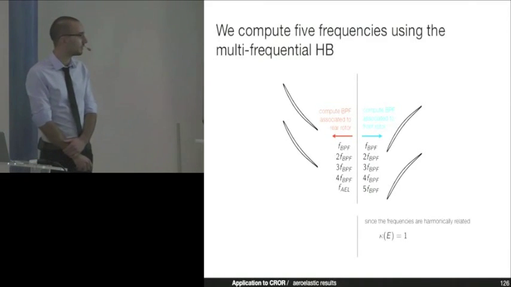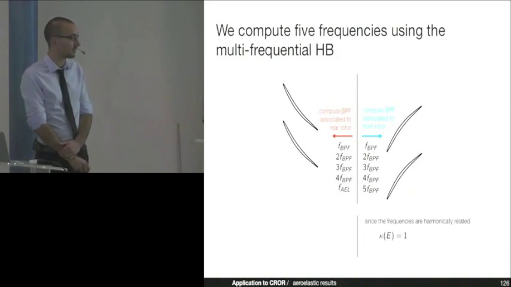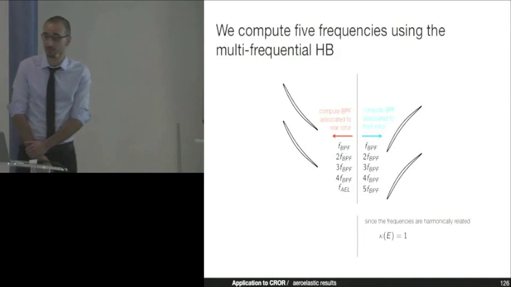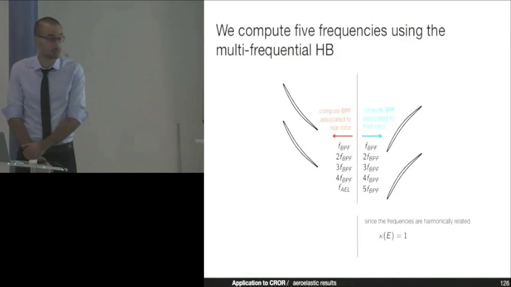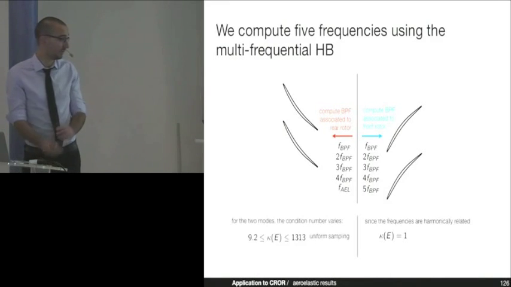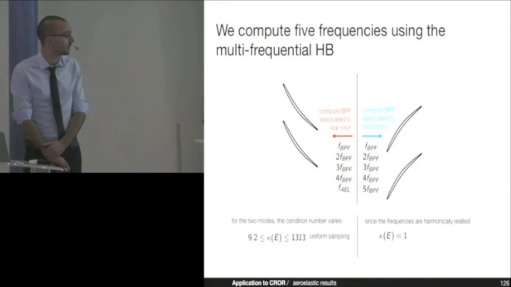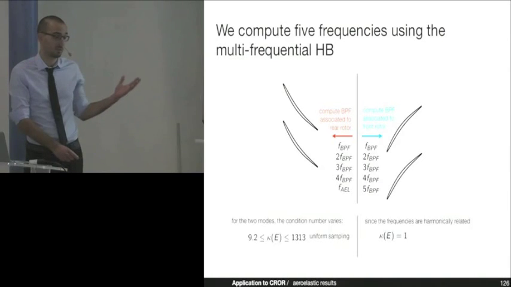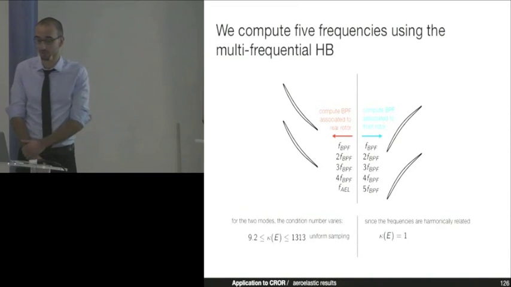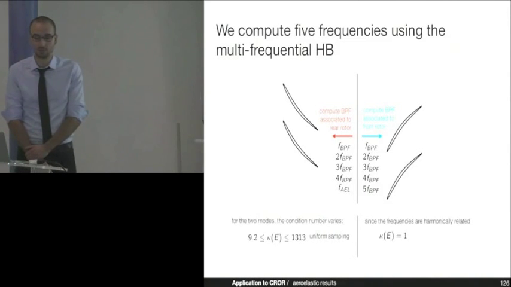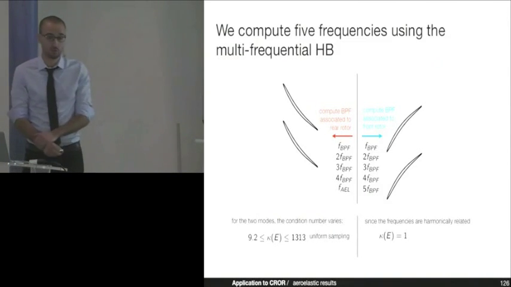For the rear rotor computation, since the frequencies are harmonically related, this yields a condition number that is the theoretical lower bound. While on the front rotor, we can see that the condition number can vary because the frequencies are not harmonically related. And actually, for the two modes, the condition number varies between 1 and 1,000.